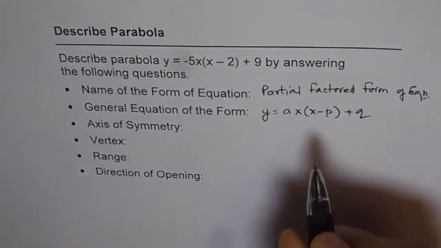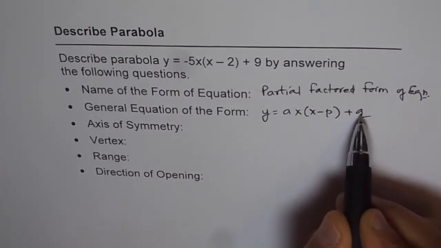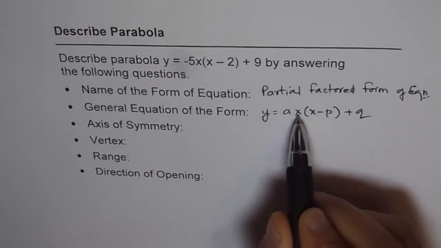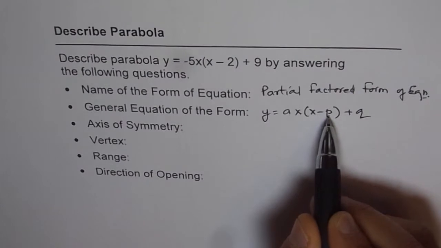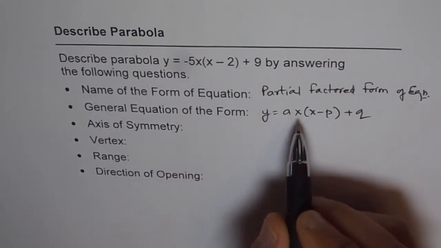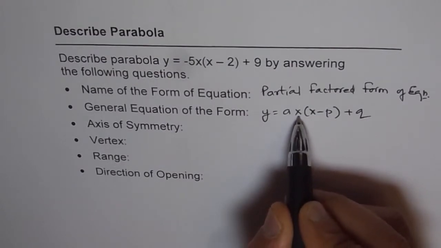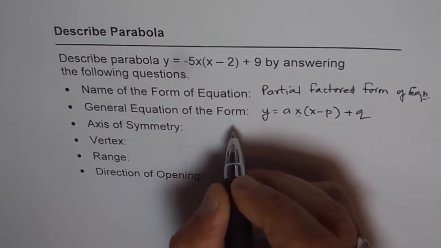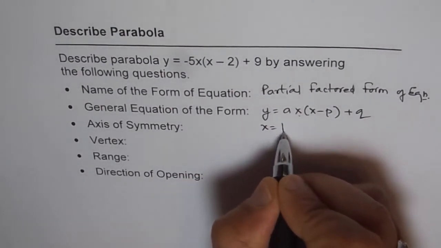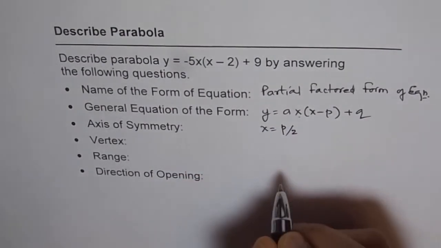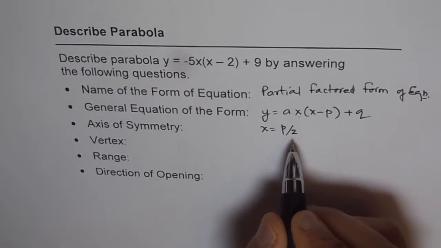So that is the general form, where at a height of q we'll have two x-intercepts, one at 0, the other one at p. The axis of symmetry, as I said, is the mean value between these two, and you see this is always 0, so the axis of symmetry here is p/2. So we say x = p/2. That is the axis of symmetry for this particular equation.